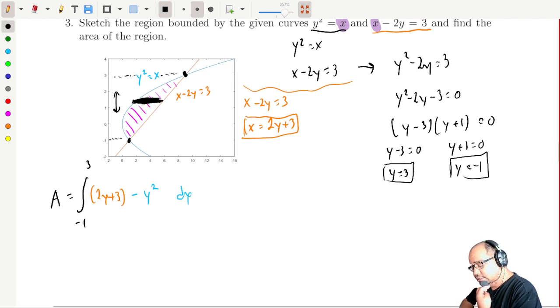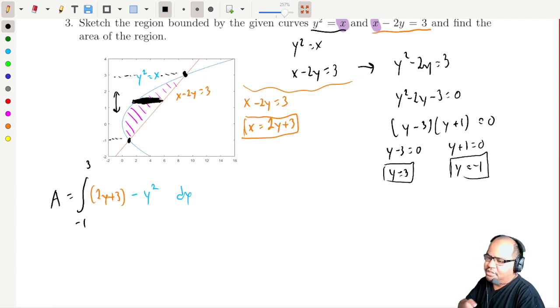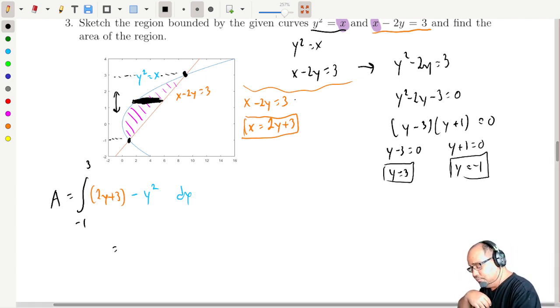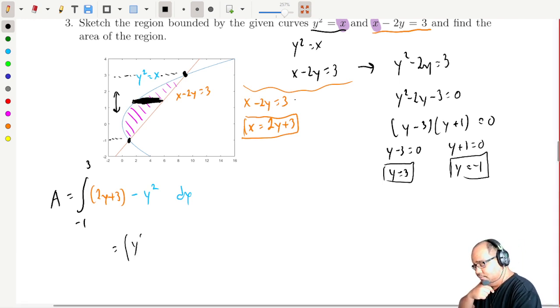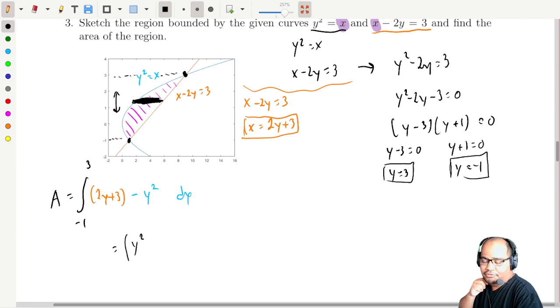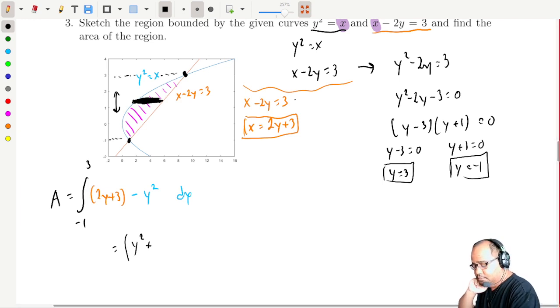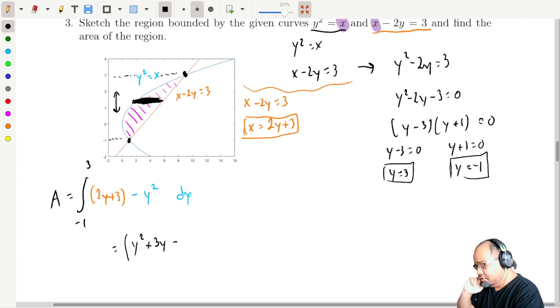There's nothing for me to combine even after I drop the parentheses. So we can just go ahead and use our power rule. An antiderivative for 2y, well, that's y squared. An antiderivative for 3, that's 3y. And then minus an antiderivative for y squared, y cubed over 3. We do our usual thing here, evaluate on the boundary.